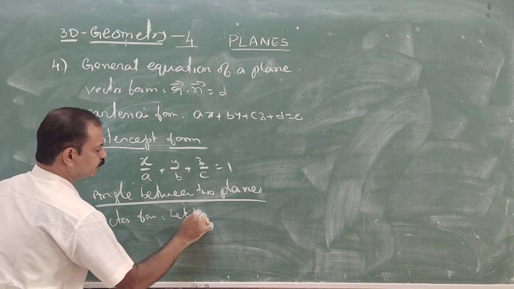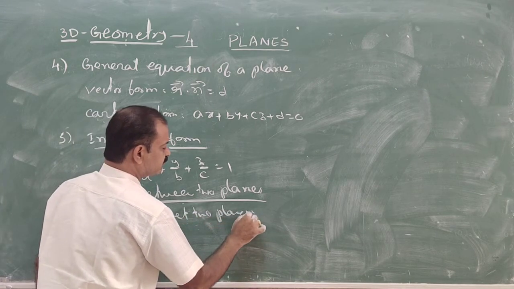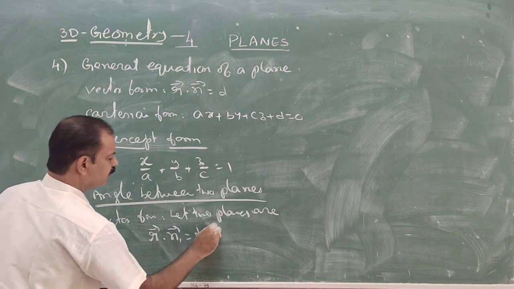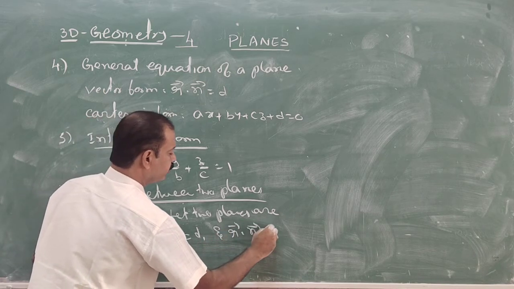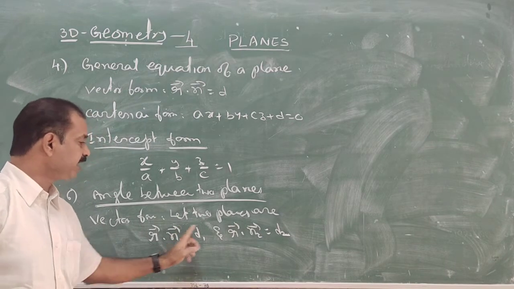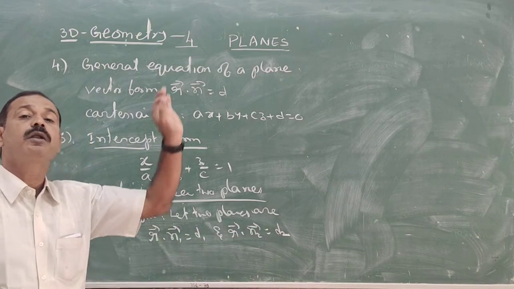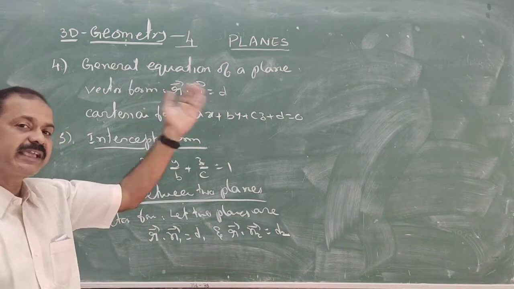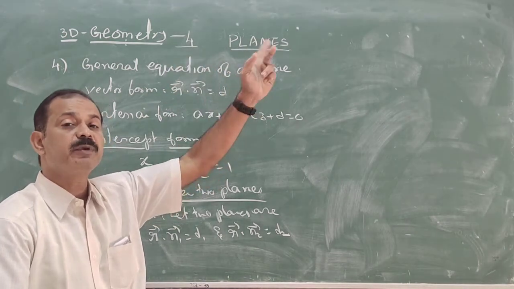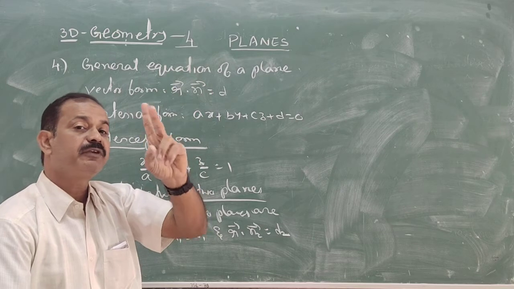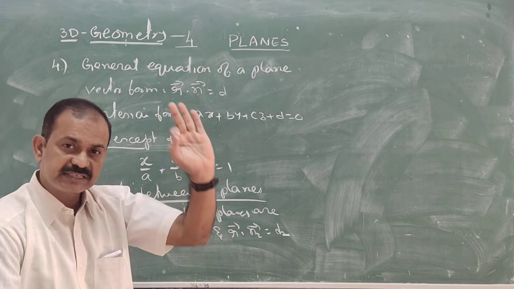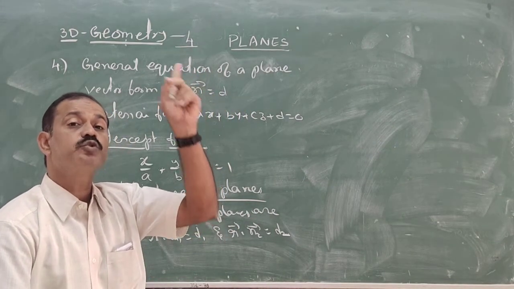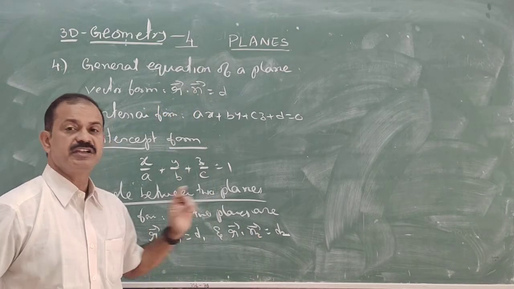Let the two planes be r dot n1 is equal to d1 and r dot n2 is equal to d2, where n1 and n2 are perpendicular vectors to the planes. Like with straight lines, where we found the angle between the two parallel vectors, in the same way, whenever you are finding the angle between two planes, you will be finding the angle between two perpendicular vectors. What are they? n1 and n2.